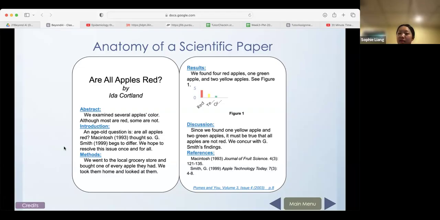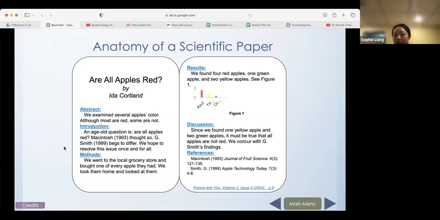That's the data. And then they explain the reasoning: because there's 1 yellow apple and 2 green apples, and of course yellow and green are not the same colors as red, it must be true that all apples are not red. Yeah, so that's the conclusion. We concur with G. Smith's findings.